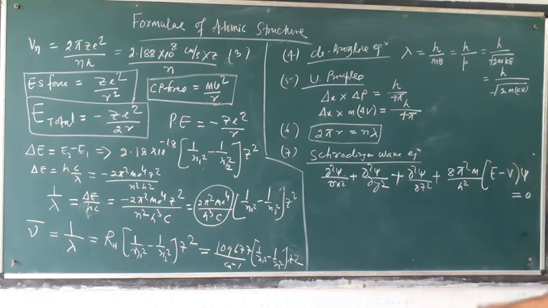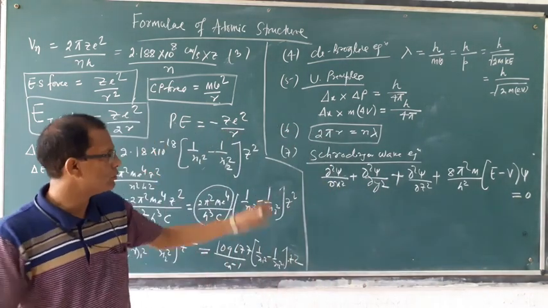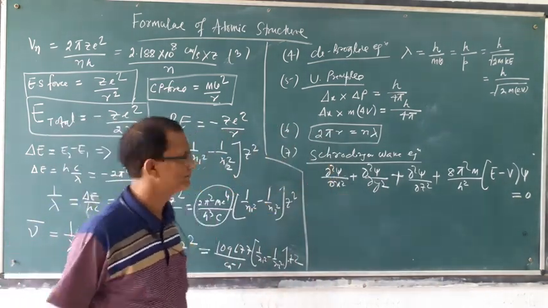Already know E is the total energy, V is the potential energy, psi is the wave function related to the Schrodinger wave equation. That is the equation for all types of wave.